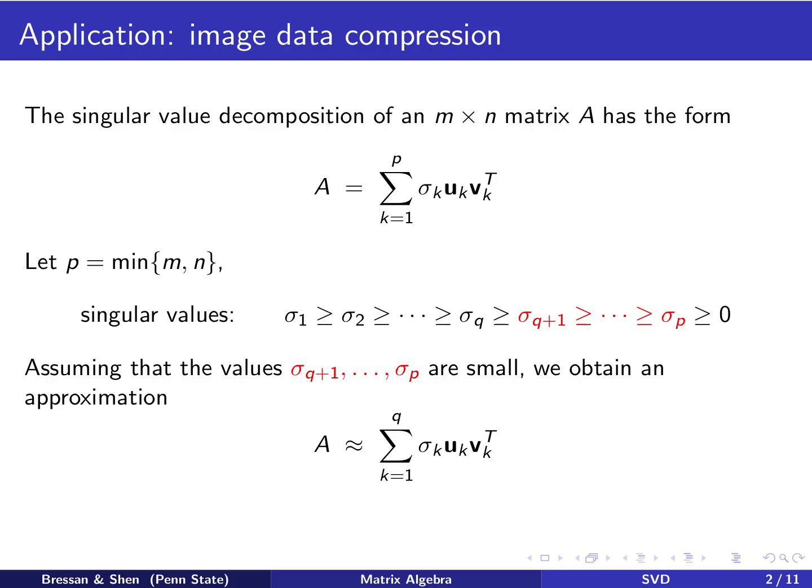So we can drop them, since they are not significant. In other words, we can approximate A by only taking the first q terms, a small number q, and the same expression here. So we have an approximate sign.